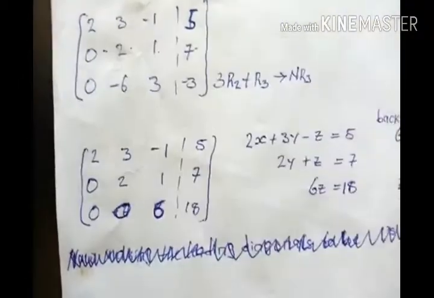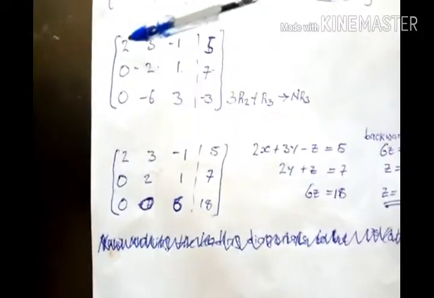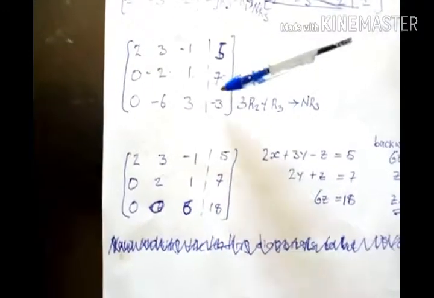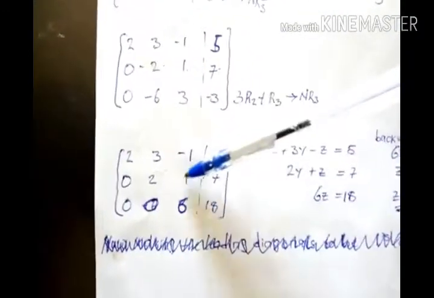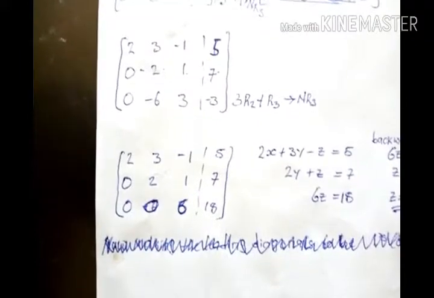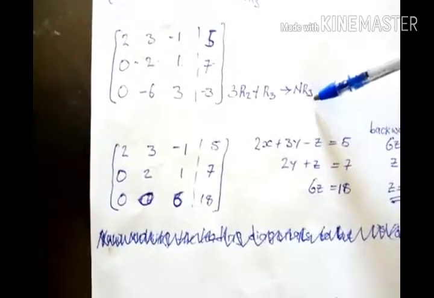As you can see, comparing the two matrices, the same row you have in row 1 is the same here, the same row you have in row 2 is the same here, but row 3 will differ because you are getting a new row 3.